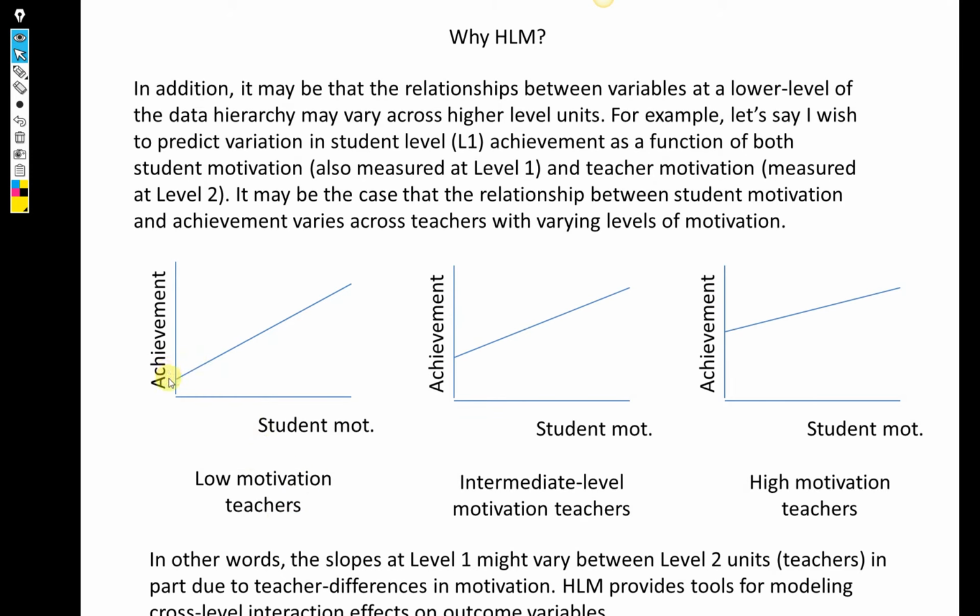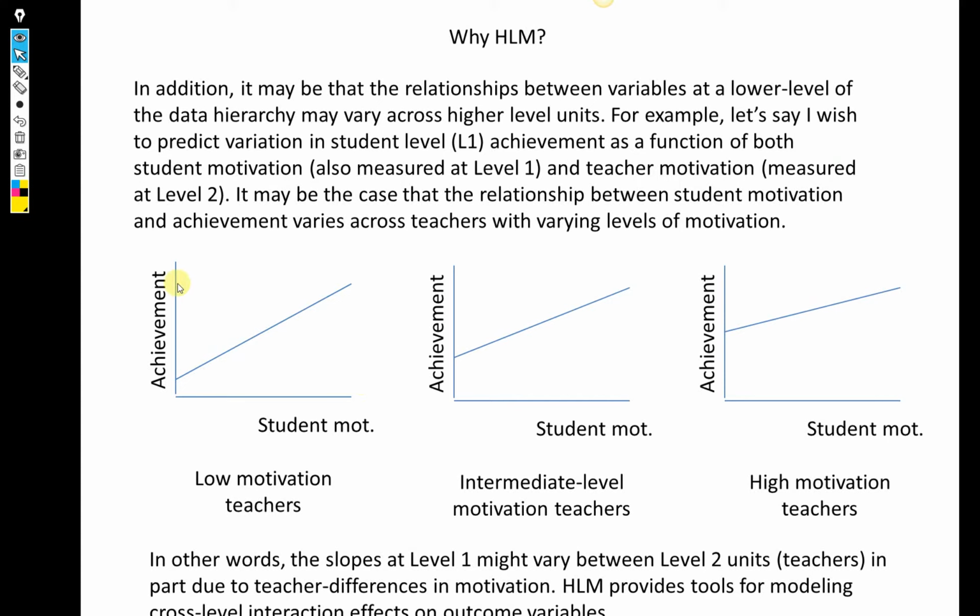But then maybe as student motivation increases, we also have increasing levels of achievement. For intermediate level motivation teachers, maybe the slope for the relationship looks like this. And you can also see that the intercept, which is sort of an adjusted class mean, might be a little bit higher. You would kind of expect that.